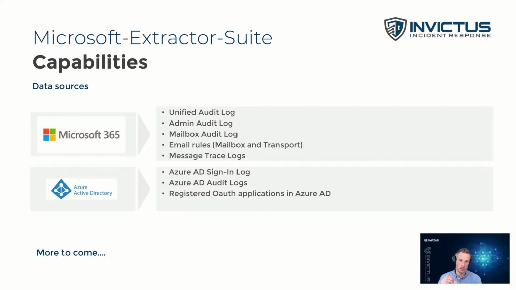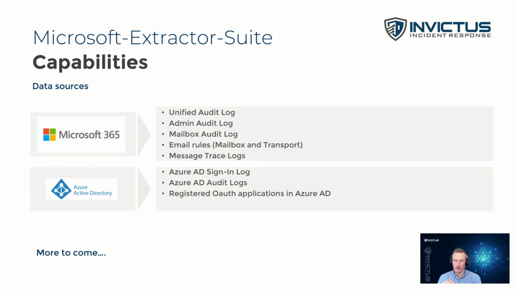And there's also the audit log. They will tell you what is happening in an Azure Active Directory environment, like whether a new group or a new user was created, etc. The last one is an interesting one and might be a bit of a weird one if you're not aware of this type of activity, but we also acquire the OAuth applications in Azure Active Directory, or you can actually do that if you want to, and its permissions.